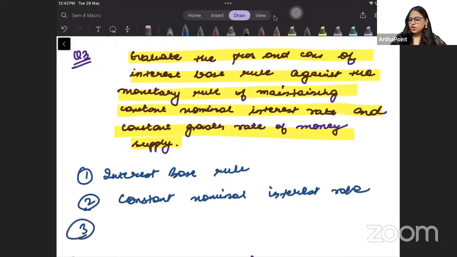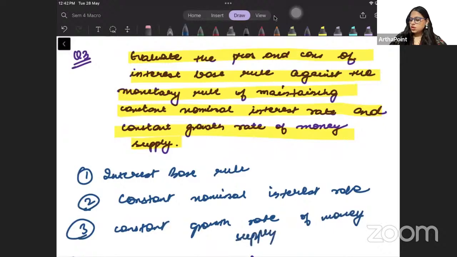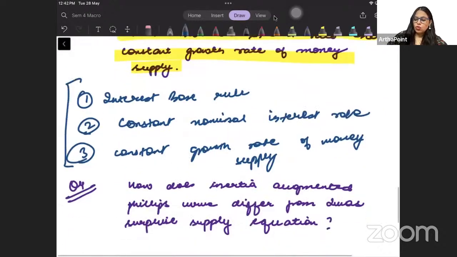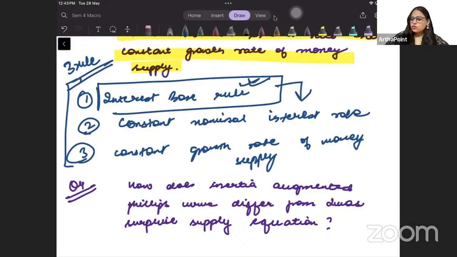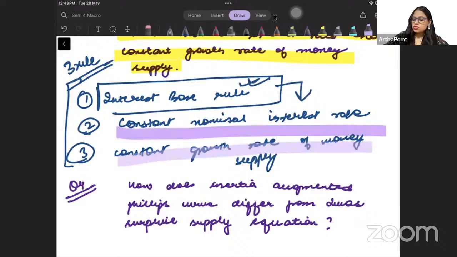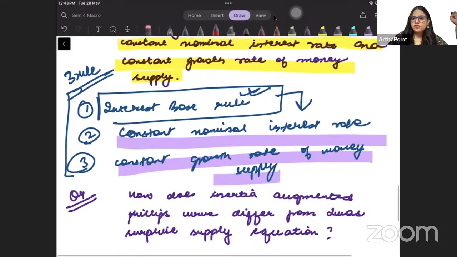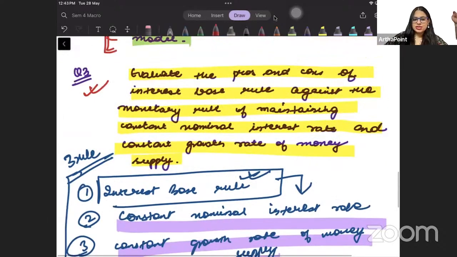And the third rule that you are given is constant growth rate of money supply. You have to make sure that you know all these 3 rules well. They can ask you why this rule, interest-based rule, is preferred over these 2 rules. Right? So you need to go ahead and do this well. This is a full-fledged question that can be asked in exam.